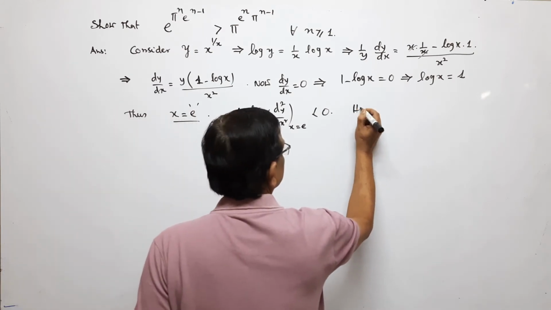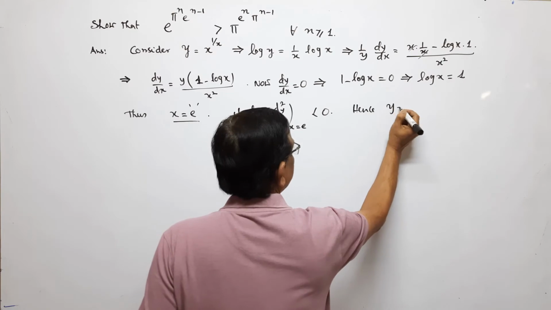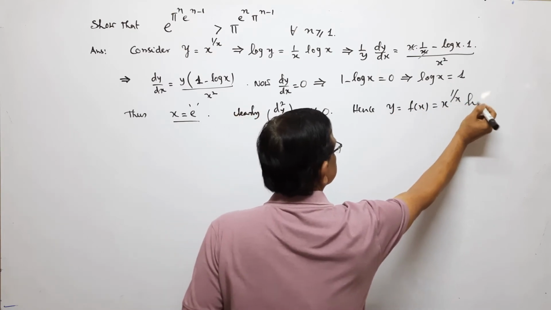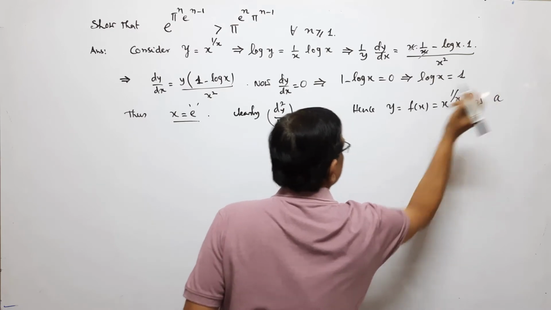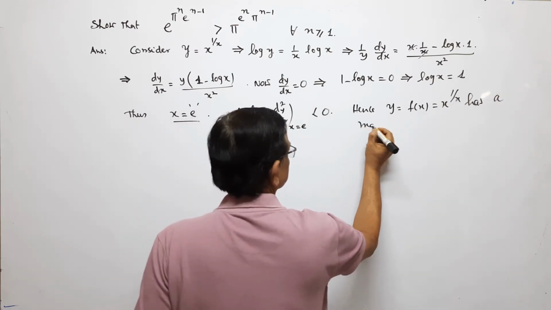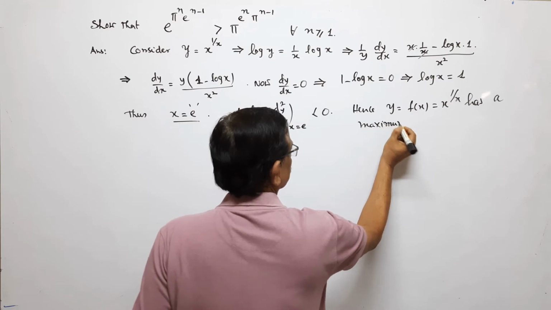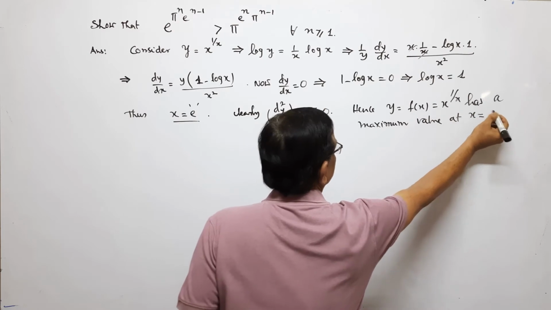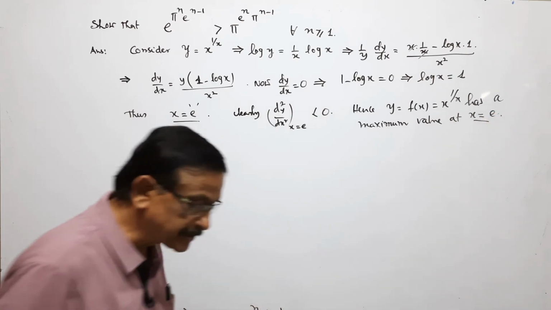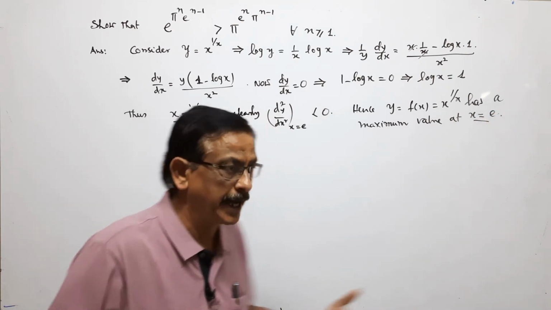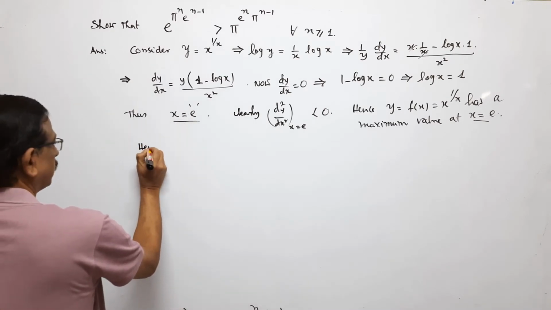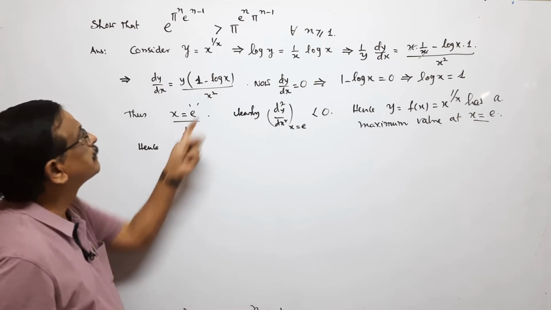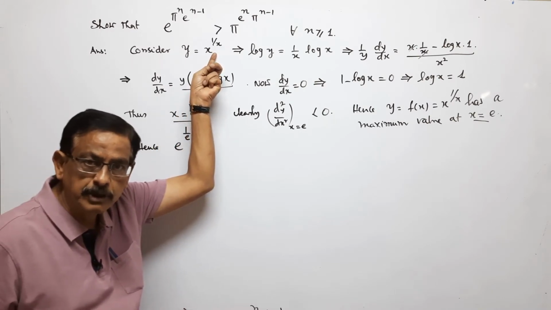Hence, y equal to f(x) equal to x power 1 by x has a maximum value at x equal to e. So the function has a maximum value at e, hence e power 1 by e is the maximum value for the function x power 1 by x.